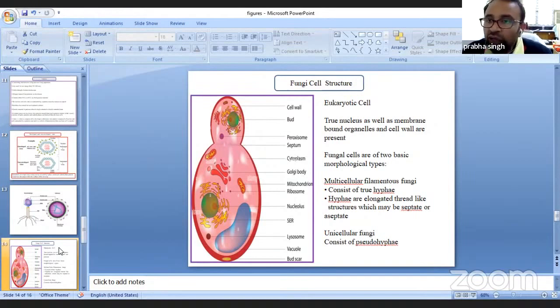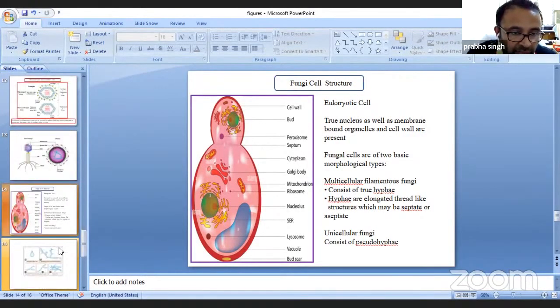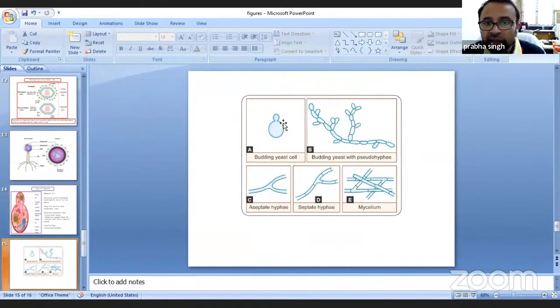That means if you have seen the example of budding yeast, let us see this diagram. Here, this is the budding yeast cell. So the cell has not divided completely, right? It has joined still with the parent cell. So this particular structure, this budding yeast, then from this particular cell you may have another, then from that you may have another, but they are not truly septate.